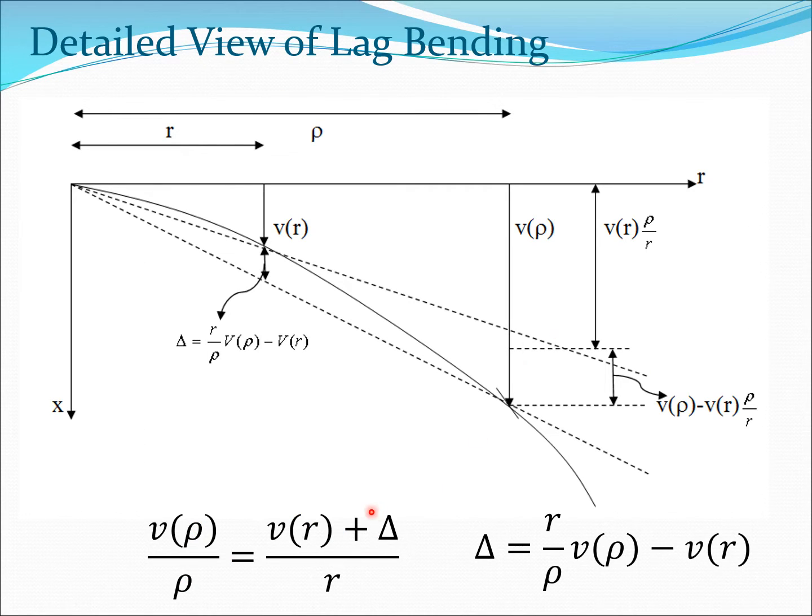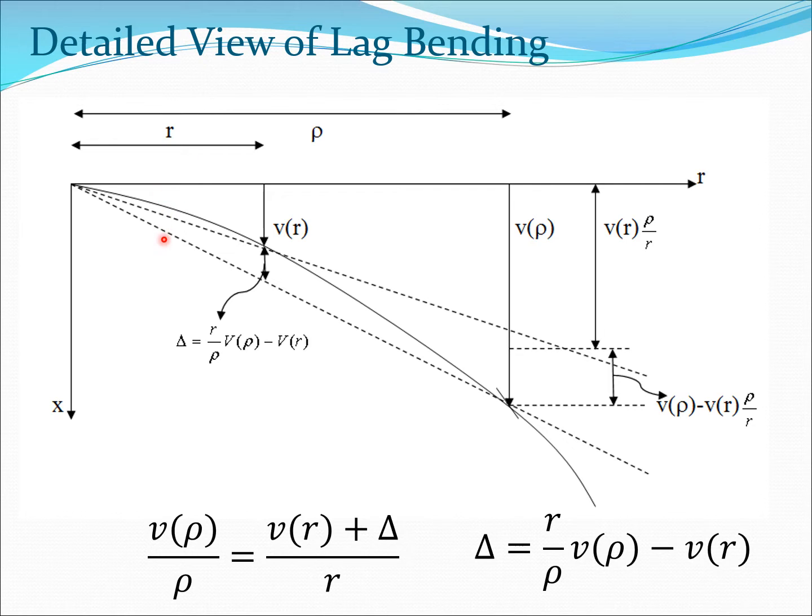Let's take a more detailed look at this section because this is important to get some of the moment arms, especially for the centrifugal force. So now we look at the blade here. The blade is essentially this curve, which is a representation of the fact that the blade bends in the chordwise direction. Now if we look at the geometry and at two points here, we can see this triangle, and from this triangle we can write that V(rho) divided by rho equals V(r) plus delta divided by r.